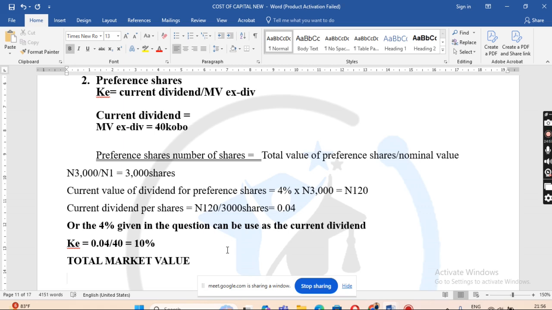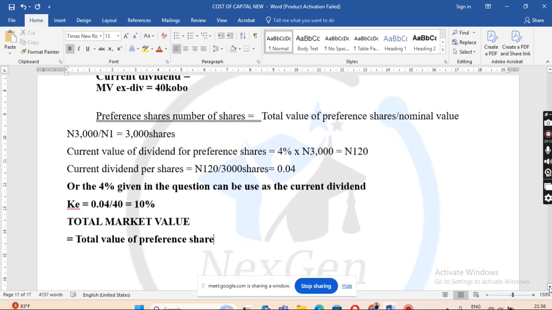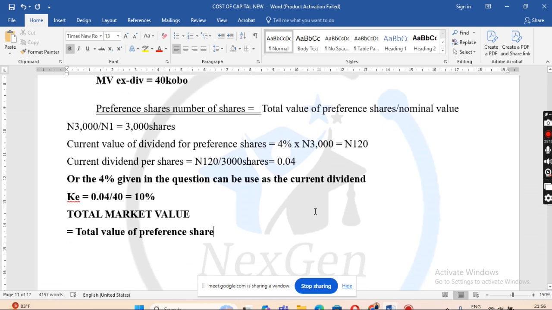Total market value is calculated as the total value of preference shares in the capital structure, times the market value.